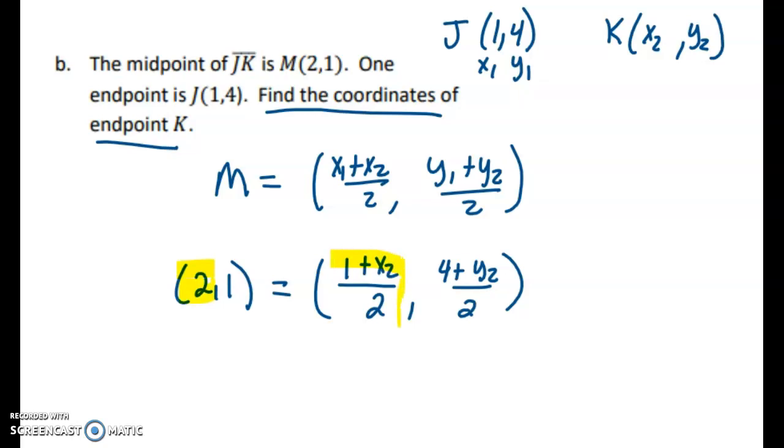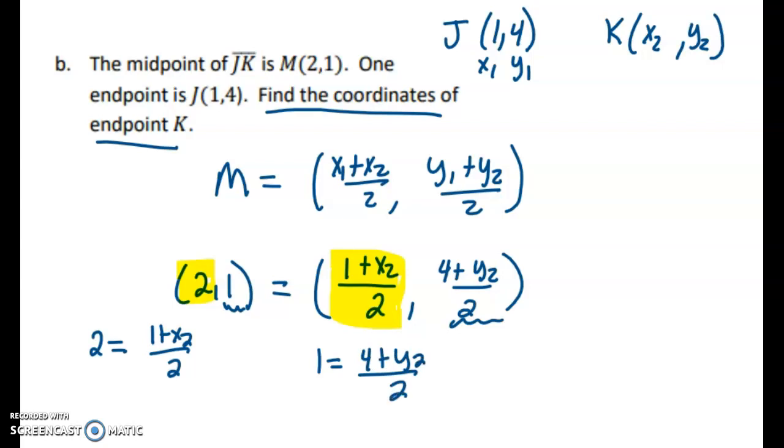So what we're going to do is set 2 equal to 1 plus x2 divided by 2. And then this other portion right here is 1 equal to 4 plus y2 divided by 2. Now, it's one large fraction. It's all divided by 2, whichever place you start at.